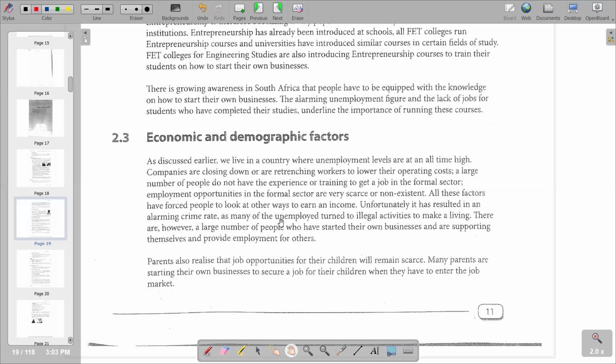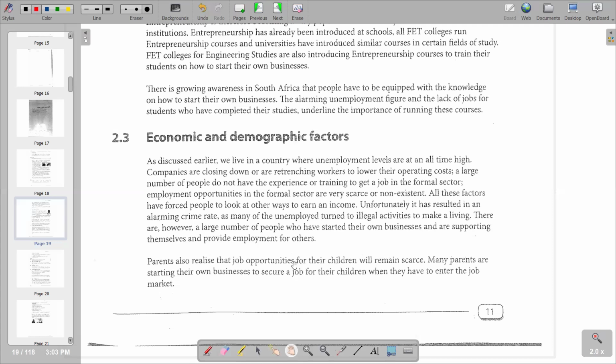That is the issue of being unemployed, which has driven someone to engage in criminal activities. But when they engage in criminal activities, they are also doing business, which is also part of entrepreneurship, although it is illegal. So that is what we have under economic and demographic factors.